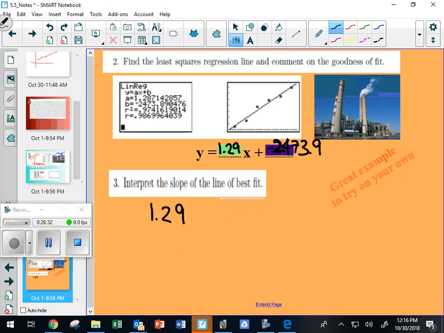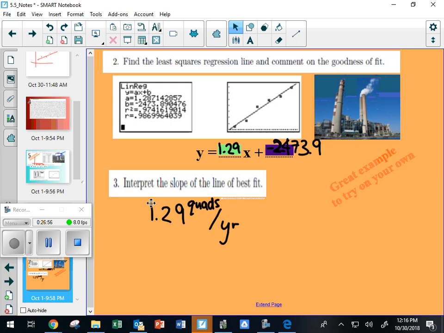So I heard a per year, so we know that this is going to be something changing per year. Energy in quads, right? So this is saying we have 1.29 quads per year, in terms of how many quads we are increasing each year.